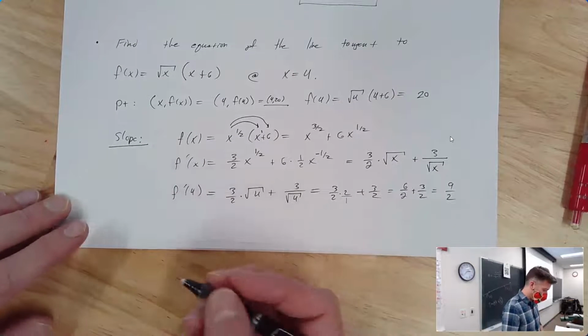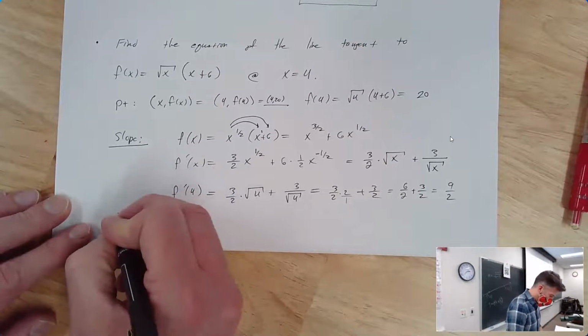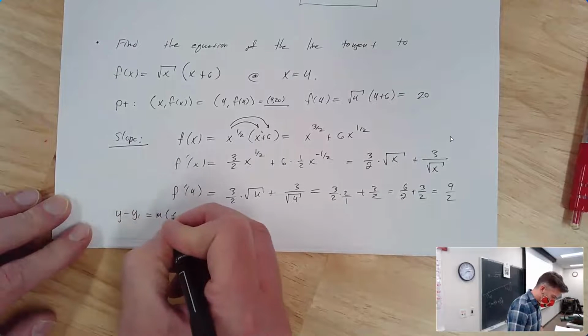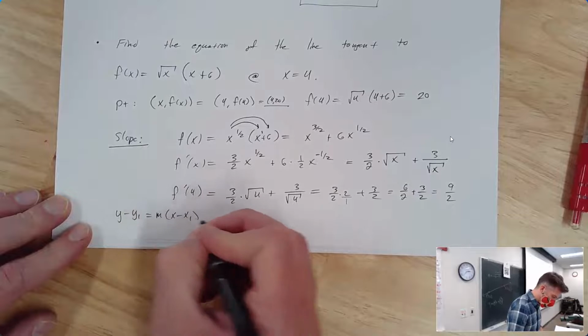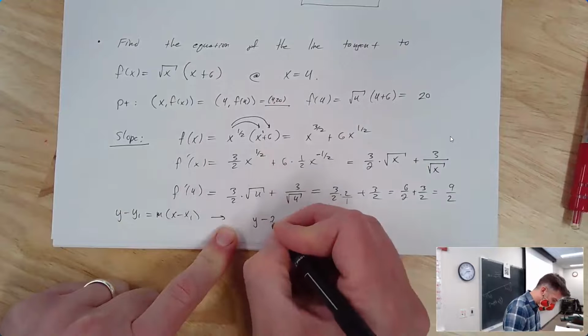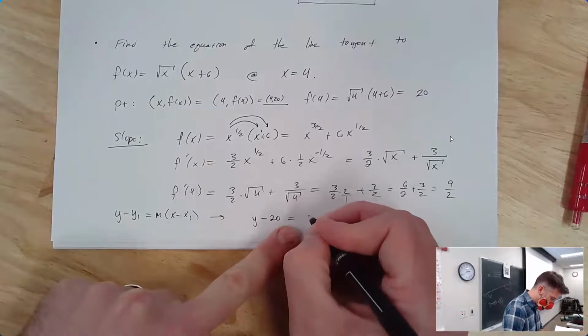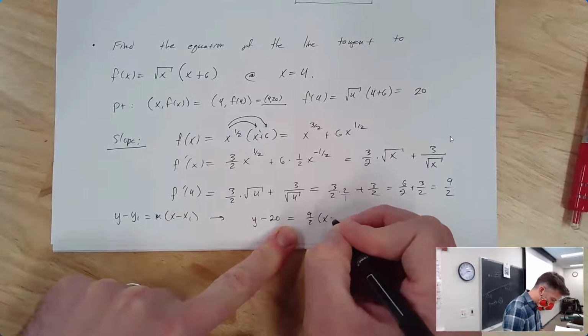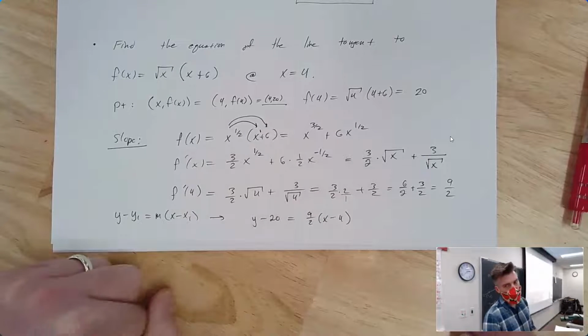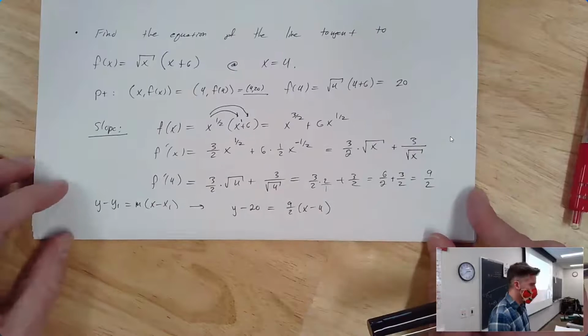Finally, we write the equation of the line. I'm going to do it in point-slope form: y minus y1 equals m times (x minus x1). So I have y minus 20, the y coordinate, equal to my slope times (x minus 4). Usually they want you to solve for y.